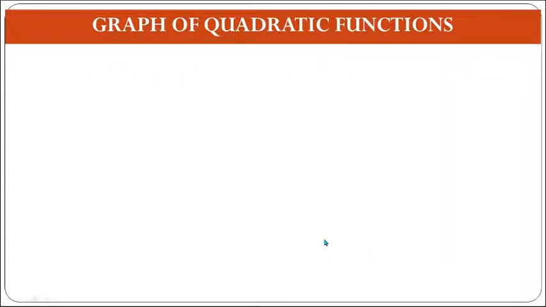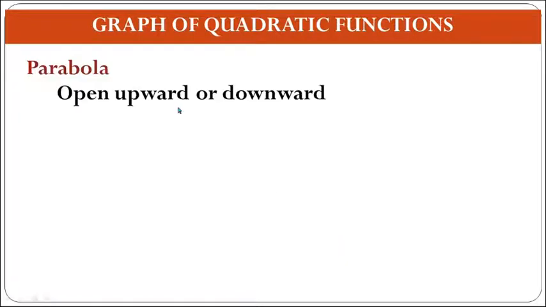By the way, ang ating parabola can be open upward or downward. Pwedeng pataas, gaya ng ipinakita kanina, pwedeng pababa. So paano malalaman without graphing, using the given quadratic function?